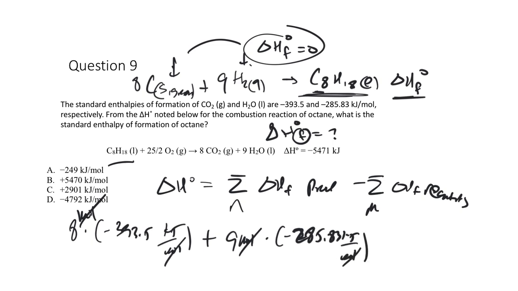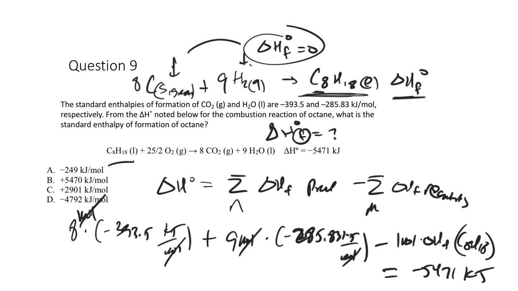The mole goes away, minus 1 mole times the delta HF of C8H18. The O2s are 0, and this all must be equal to minus 5471 kJ. And so we just do the math of solving this problem here. If we take 8 times minus 393.5 plus 9 times minus 285.83, let me do that real quick.